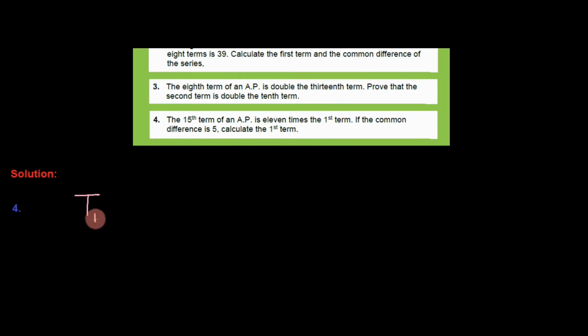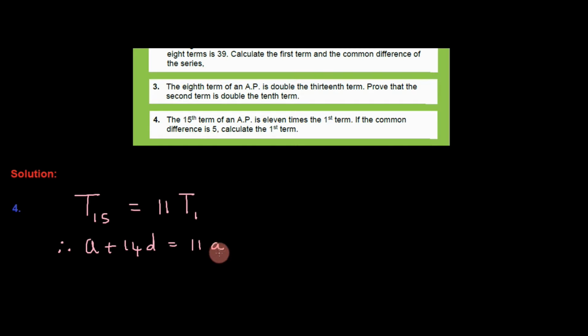So T15 is 11 times T1. We're going to write this equation in terms of a and d. So a plus 14d is 11 times T1. And term 1, of course, is a. So it's 11a.